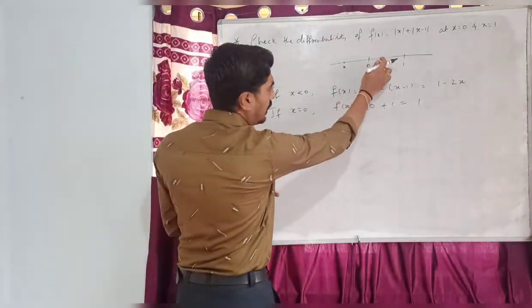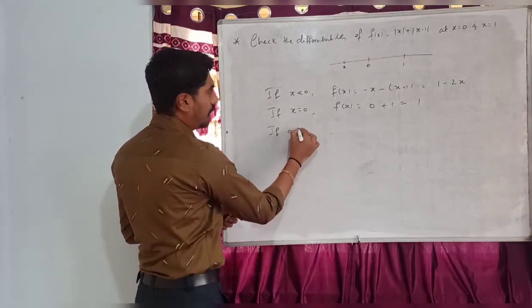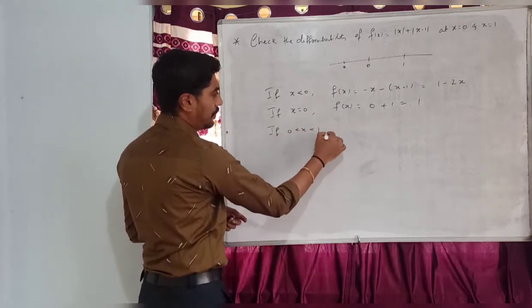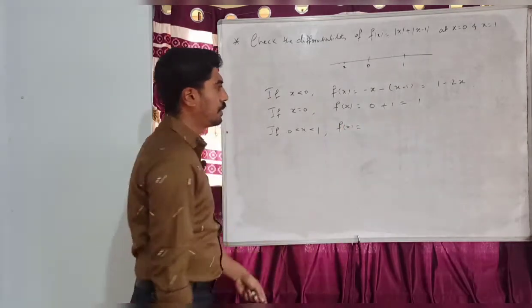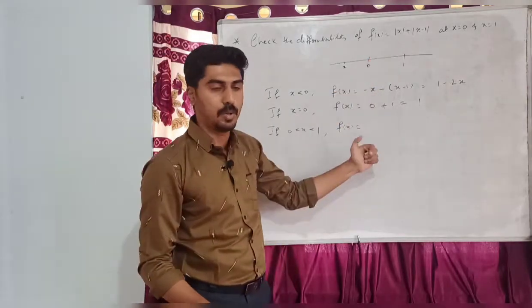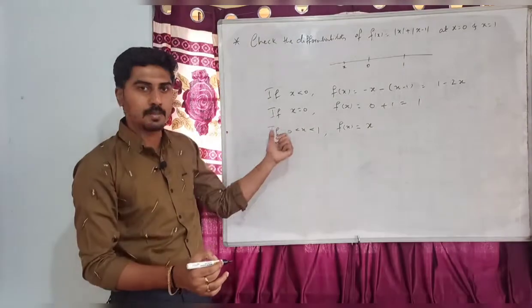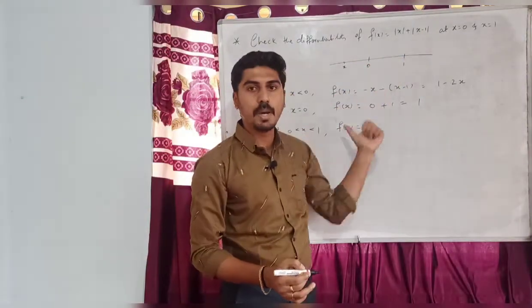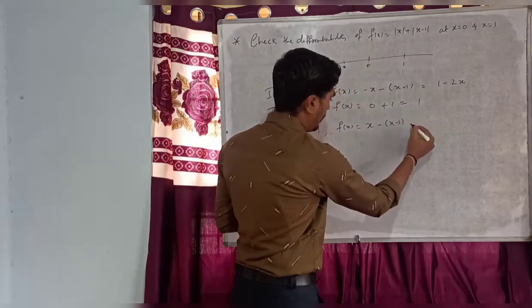Now consider in this interval, if 0 less than x less than 1. Now let me check this function. Since x is greater than 0, mod x will be equal to x, but x is still less than 1, so this will be equal to minus of x minus 1.